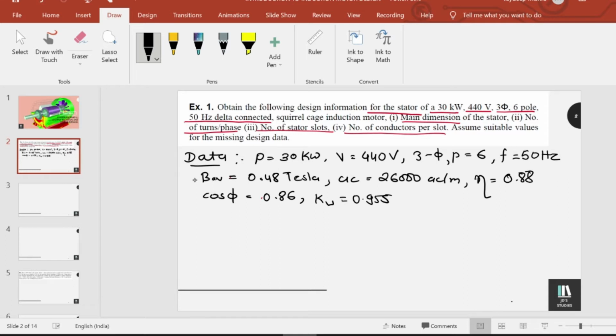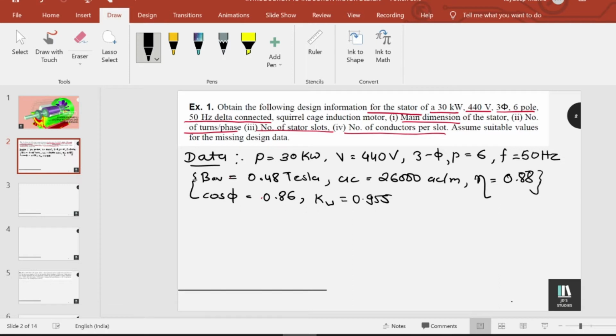We studied about it in the theory section. Now these values are assumed based on the information given in the example. Now we find the main dimensions of the stator. What are the main dimensions? That is D and L, which we have to find.